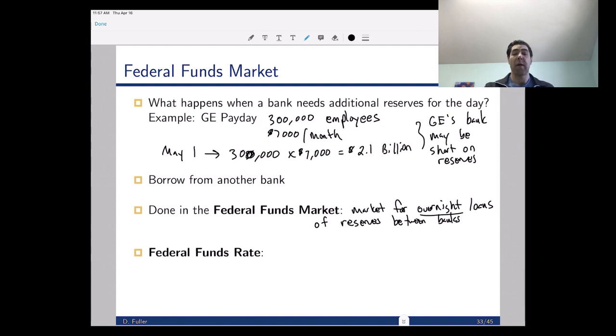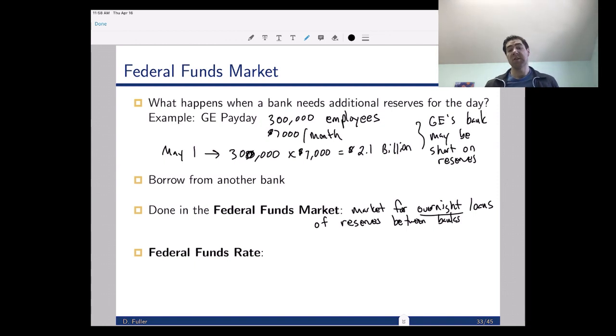So this stuff happens all the time. It happens very frequently. And so banks have gotten very efficient at making these loans and paying them off and issuing new loans to cover the old ones and all of that stuff. It happens all the time, and the market runs very well. So this is simply a market that allows banks to satisfy its transactions demand under our fractional reserve banking system.